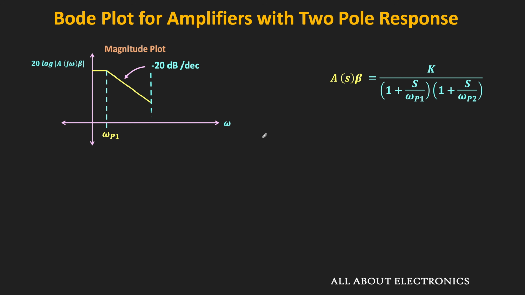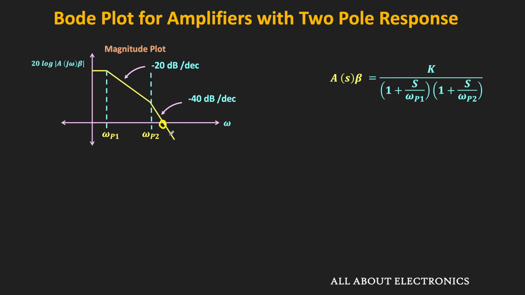And at omega p2, since we are encountering the second pole, this slope will further reduce by 20 dB per decade. That means now this slope is equal to minus 40 dB per decade. Here, at some frequency omega x, this slope will cross the horizontal axis. That means at this frequency omega x, this amplitude will become 0 dB, or we can say that this amplitude will become 1.